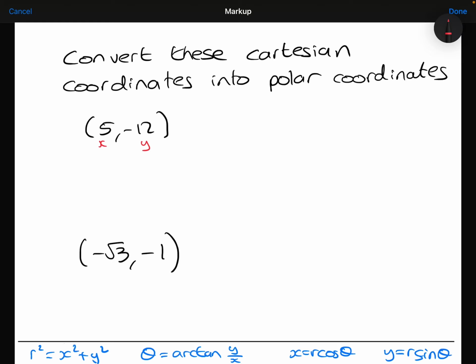So to find the r here, I'm going to say r squared equals 5 squared plus minus 12 squared. So r squared is going to be 169. So r is going to be plus 13. R will always be positive. You're never going to have a negative radius with polar coordinates.